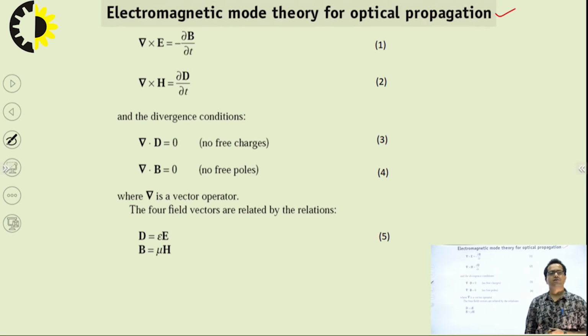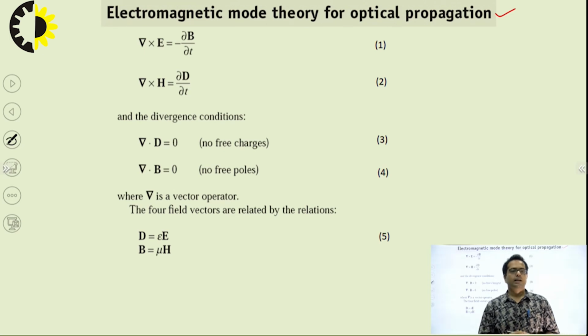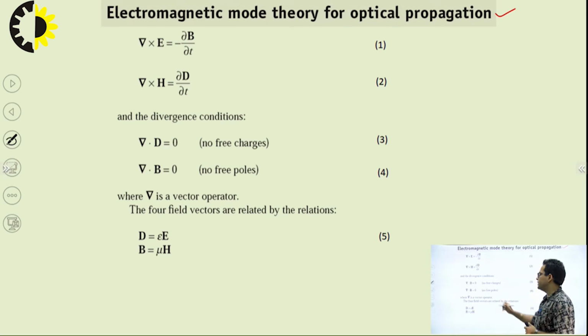Similarly, del cross H is equal to del D by del t, and if there is no free charge, then del dot D equals 0 and del dot B equals 0, because we know that del dot D is equal to the volumetric charge density and del dot B is equal to 0, right?